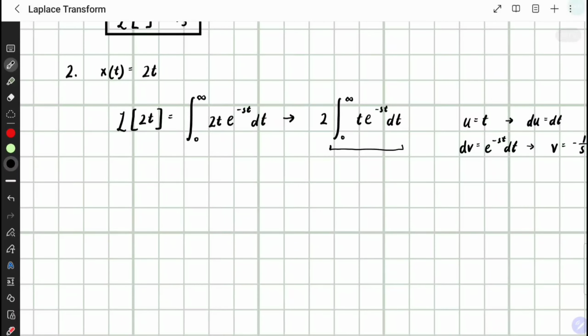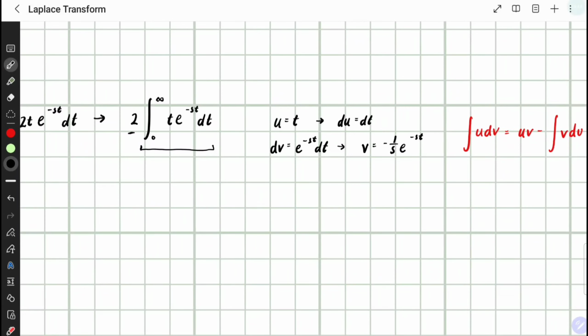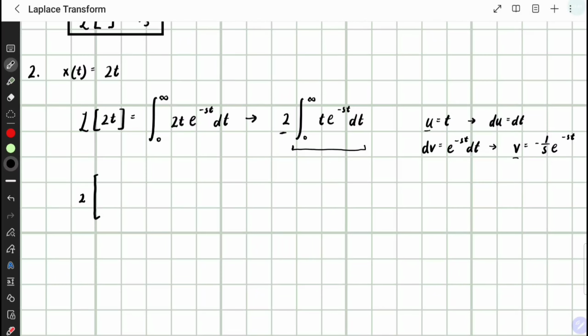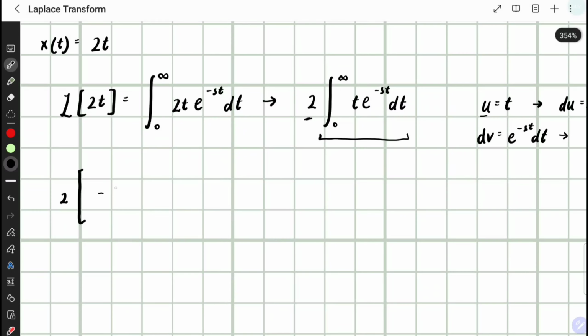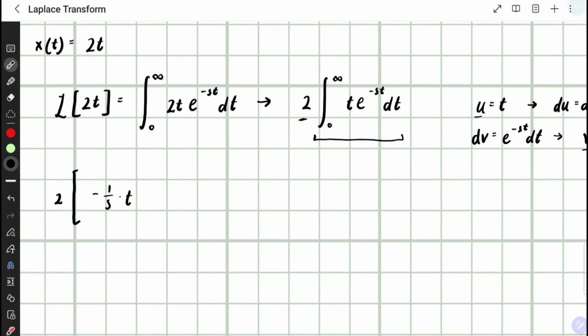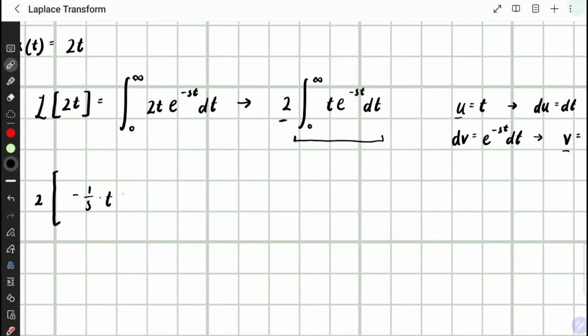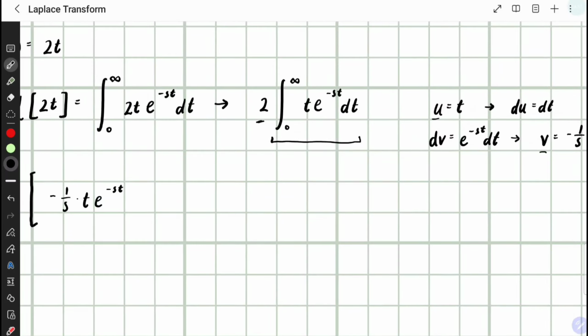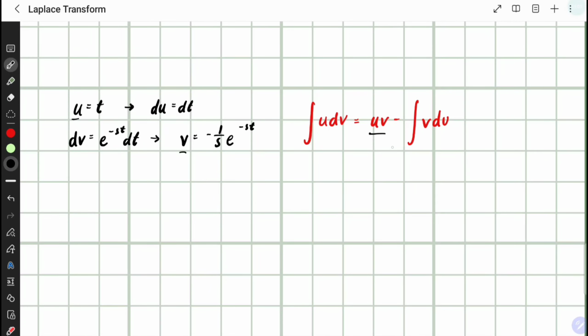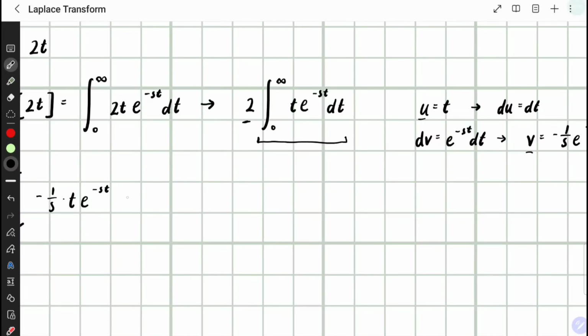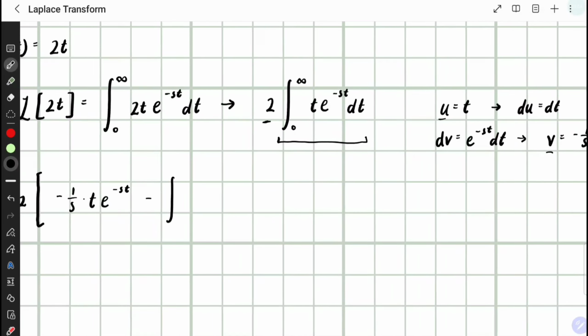What that gives us is 2 just from here, and our uv, so u times v, negative t over s times e to the negative st, minus the integral of v du.